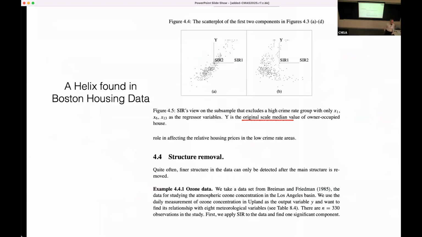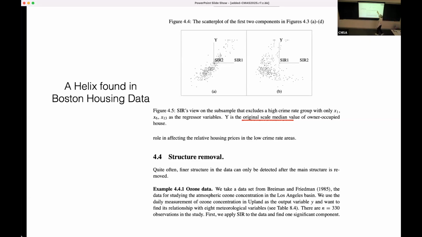The consequence is that these two angles have drastically different interpretations. If you choose this angle, what you believe is that the housing price is proportional to the physical size, the square footage, or whatever. This makes sense.